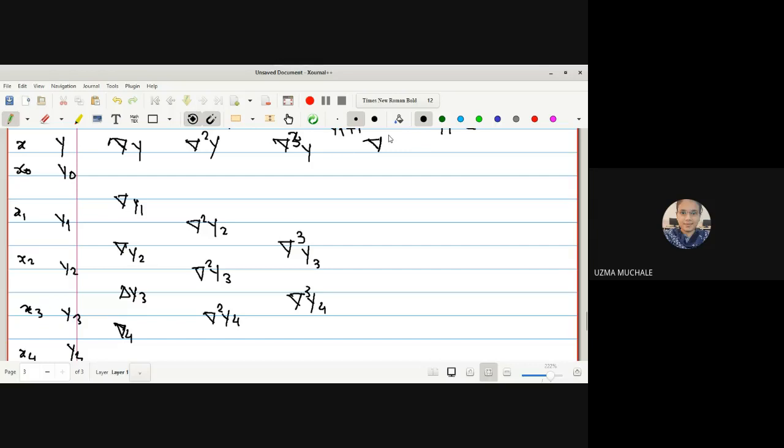And the next one is delta to the 4 y. The difference between these two and the next one, y3, is already there, so now it is simply y4.